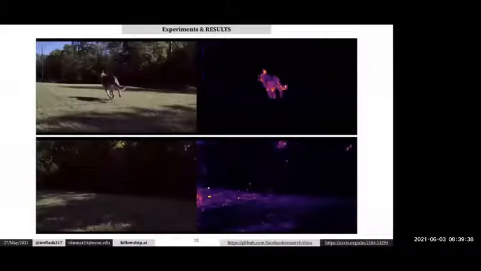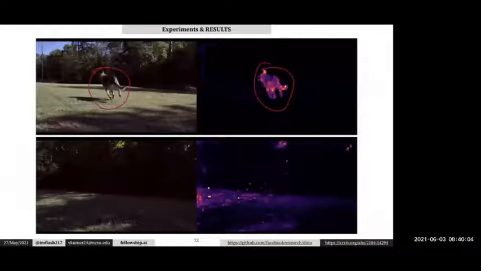Yeah, so this was a video. I don't know if I can play it. I can't play it here. So this was a video of a dog running. As the perspective of the image changes, the model is also able to understand what is in focus in the particular frame, right? The background remains almost the same, but you can see the dog is focused here.